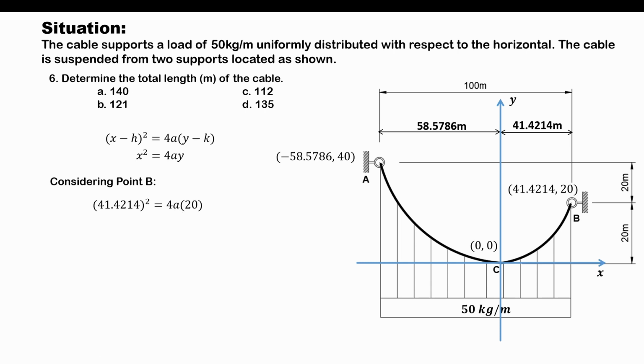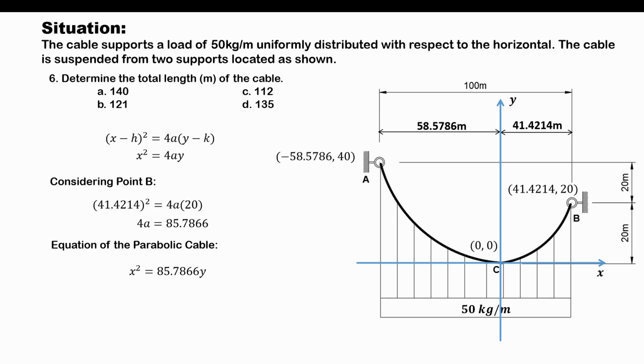You can do either of those two methods that I just suggested. We will still yield the same equation. So 4a would have a value of 85.7866. Given this, we can now solve for the equation of the parabolic cable. From this simplified equation, x squared is equal to 4a, which has a value of 85.7866, multiplied by the variable y.